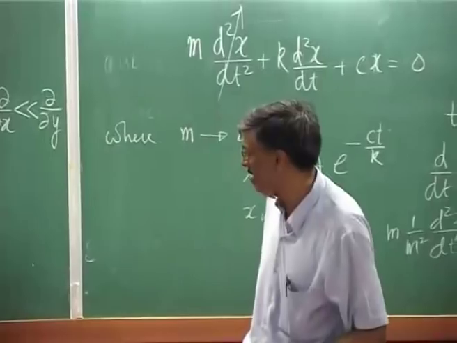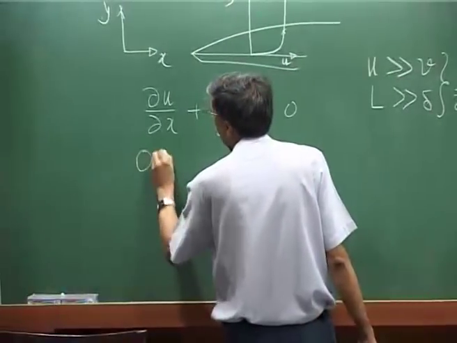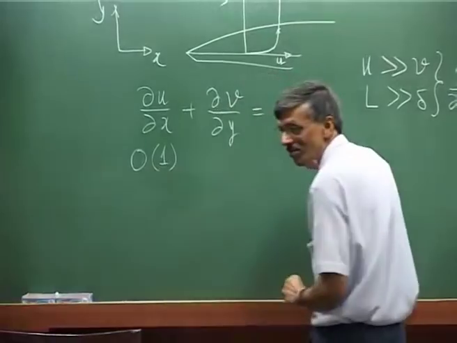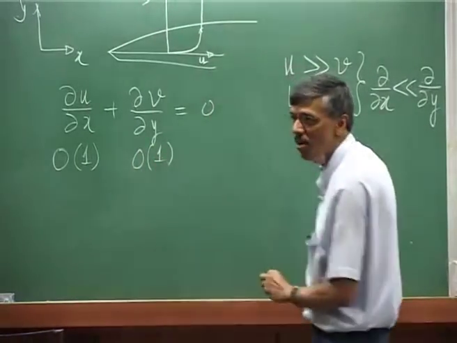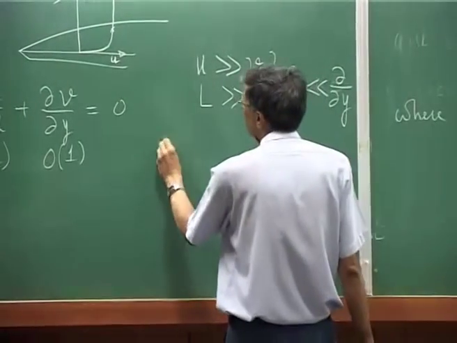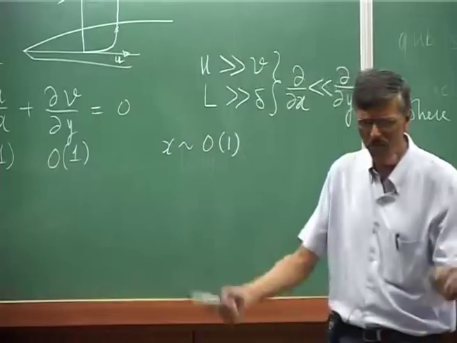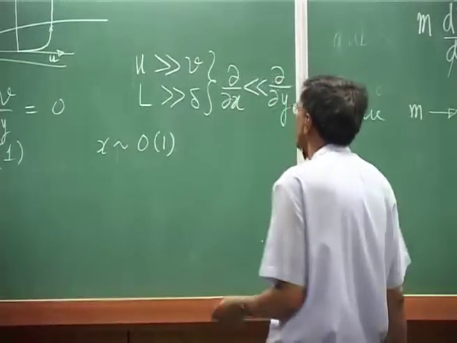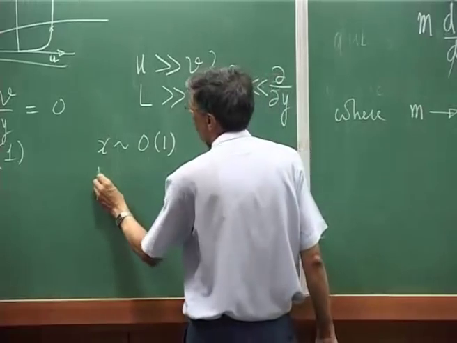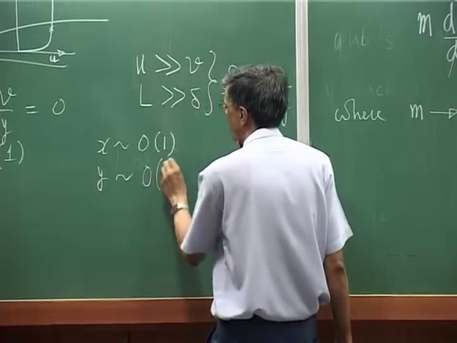If you do that, then you would see that both of these terms are of the same order. So, basically x is of order 1, all of you are familiar with this order of magnitude analysis, and y inside the shear layer is of the order delta.